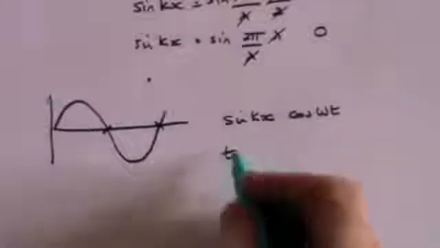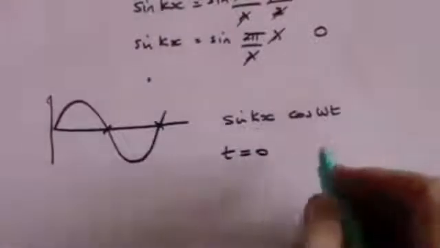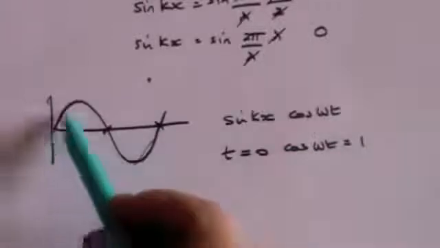This is the sine kx term, and we've got to multiply that by the cosine of omega t. That was the formula, or the essence of the formula for a standing wave. Now, when t is 0, we said that cosine omega t is 1. And so consequently the sine kx term times 1 just gives you this term.